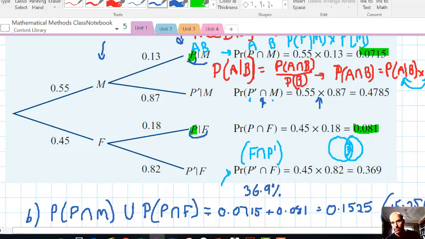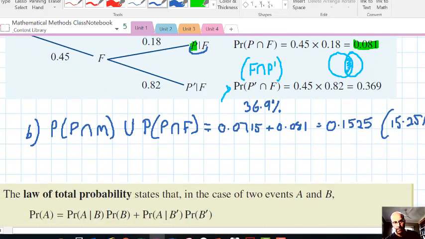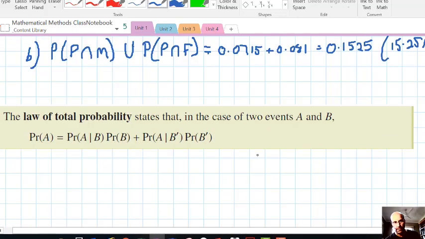That brings us on to the formal definition of the law of total probability. So you can see it's written there, probability of a certain event A is the probability of A given B times the probability of B plus the probability of A given not B times the probability of not B. And we can see from above that's consistent with what we've just done.